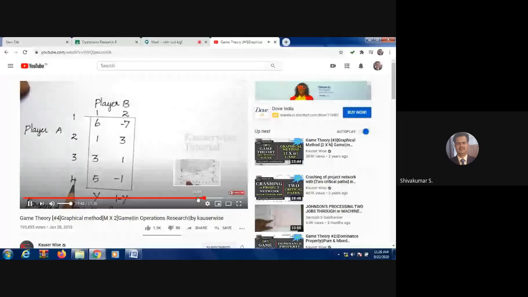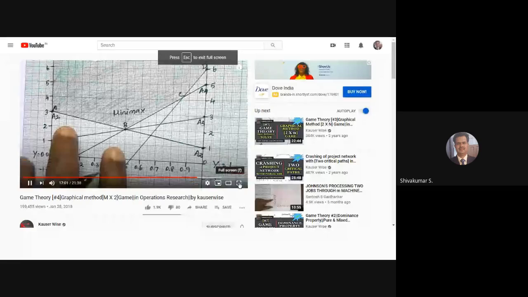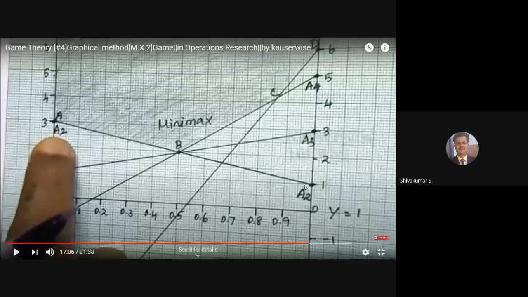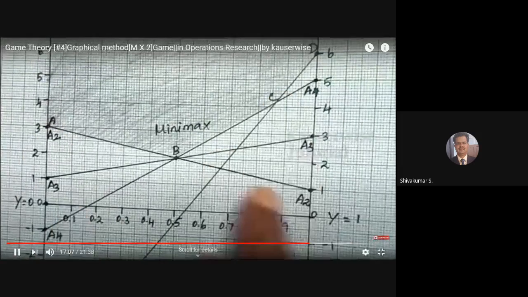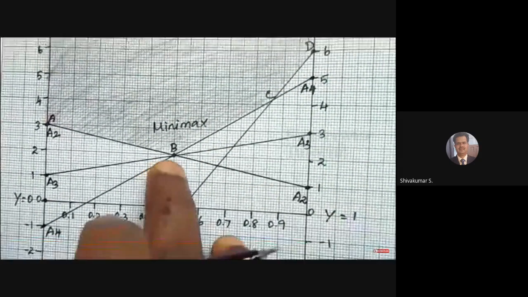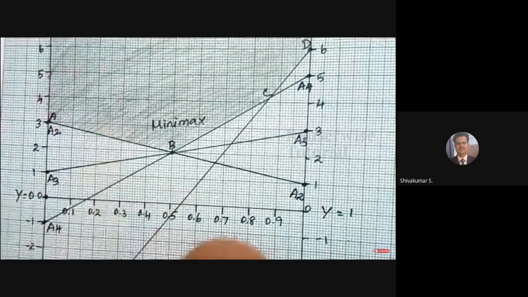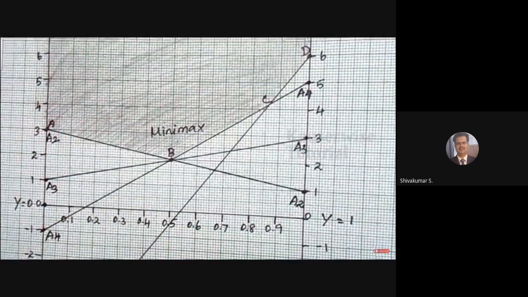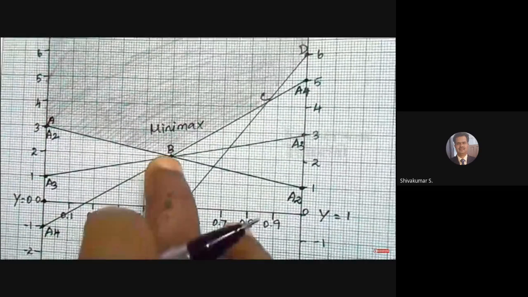Again, I'll explain. Look at the graph. Here we have 3 lines, A4, A3, and A2, passing through the minimax point. You need to select any 2 lines among the 3 with the condition that the 2 lines should have opposite slopes passing through the minimax point.